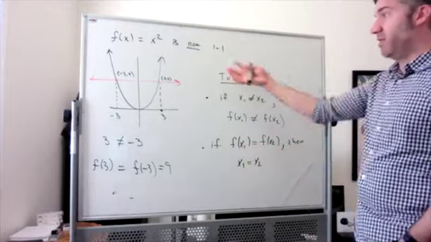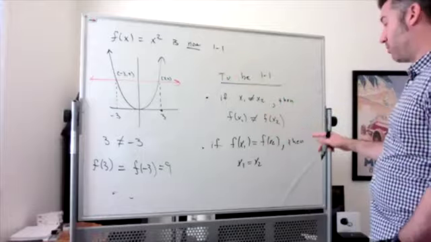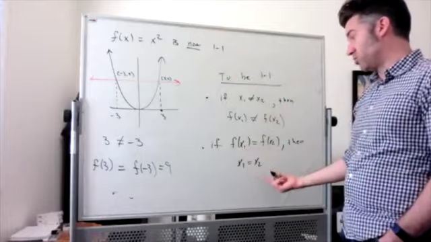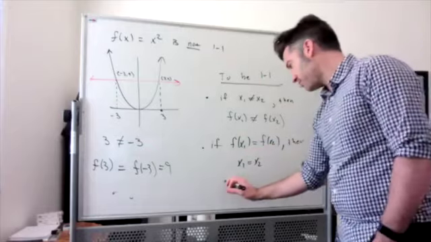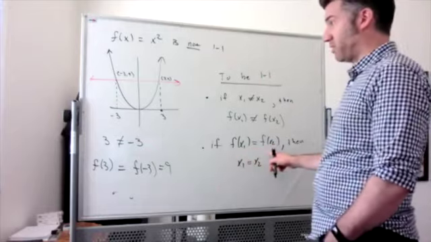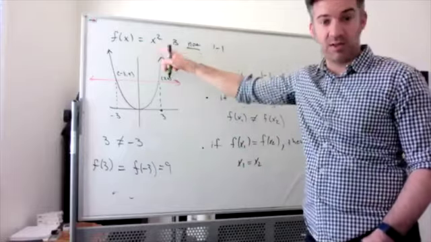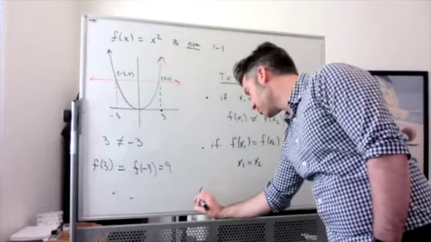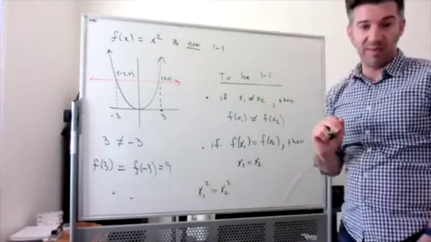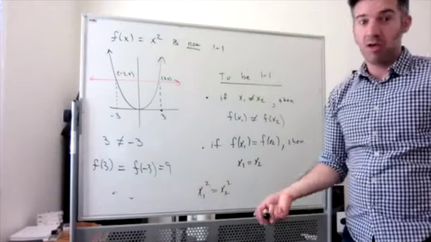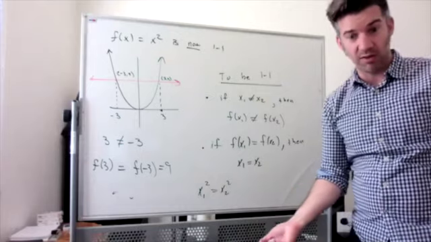And again, this fails that, right? So people kind of do this one more generally. You could say, all right, let's say that f of x1 is equal to f of x2. In this case, that means x1 squared equals x2 squared. Well, does that mean x1 and x2 have to be the same? No, they can be opposites of each other, right?